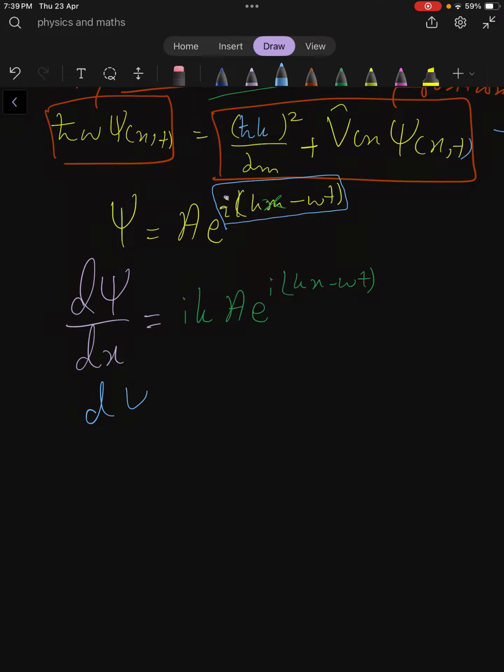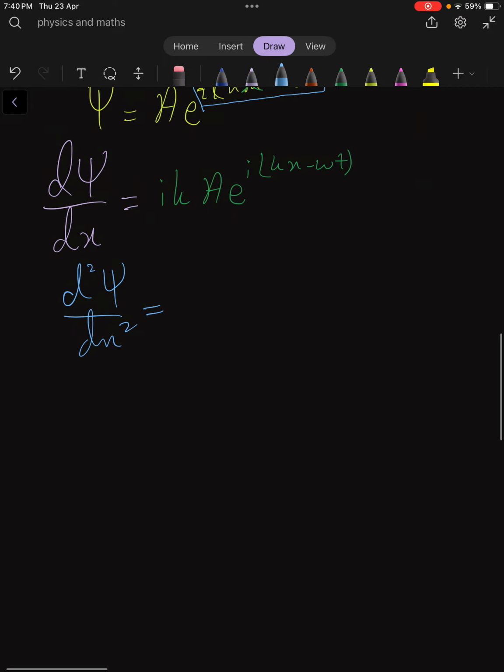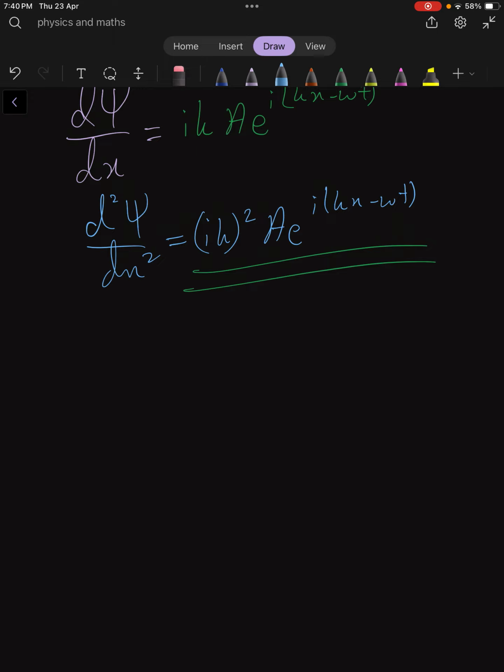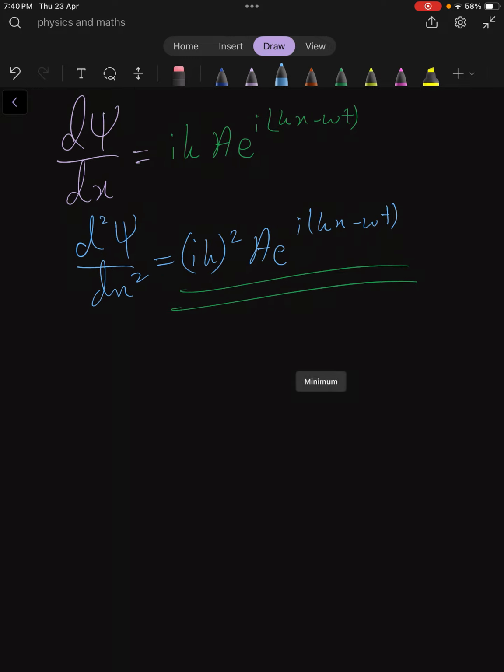Then we do the second derivative, because it's a second order derivative on the right side. So we get (ik) squared, multiplying with the same quantities again. This is the second order derivative, d squared psi by dx squared.